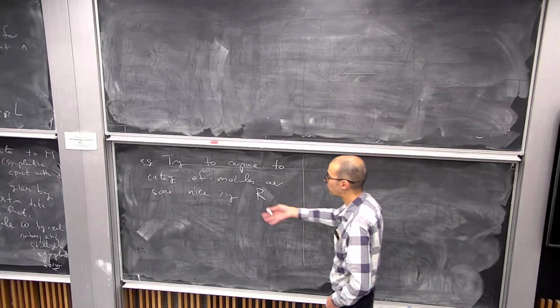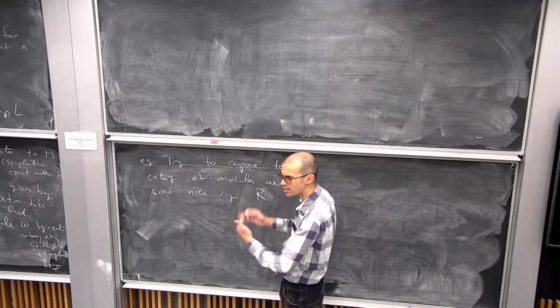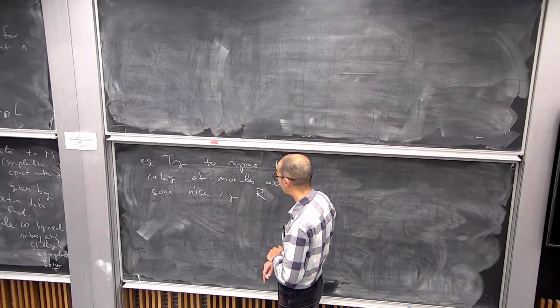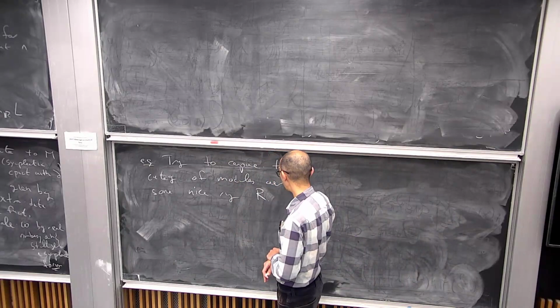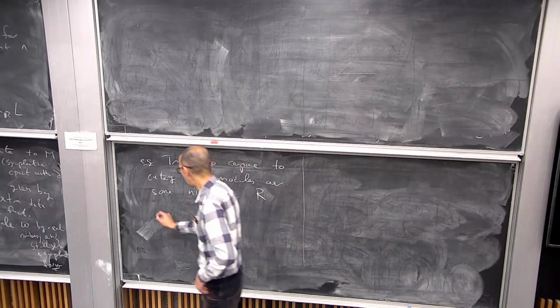Well, one interpretation is you classify all the objects and you classify all the morphisms. Okay, well, there's one ring R for which I know how to do this.